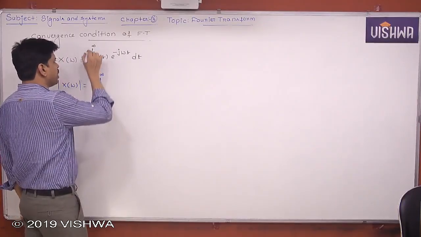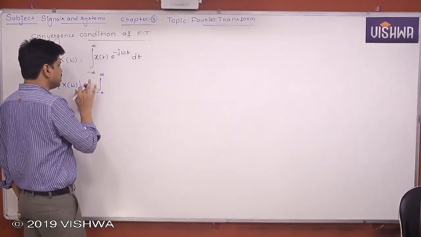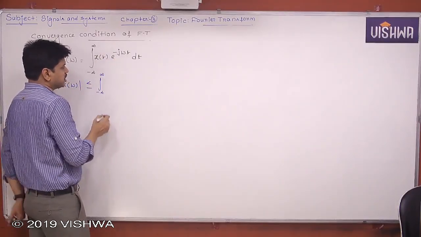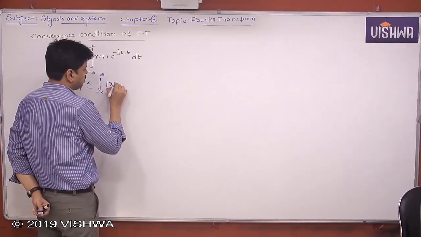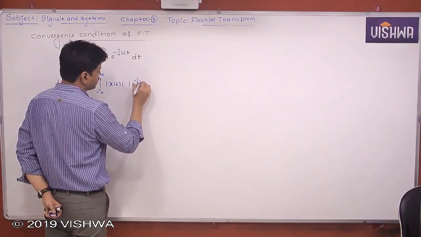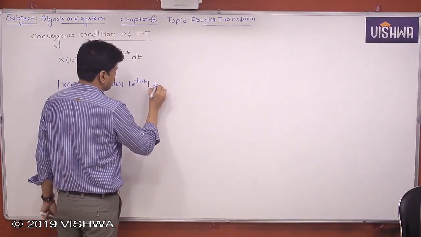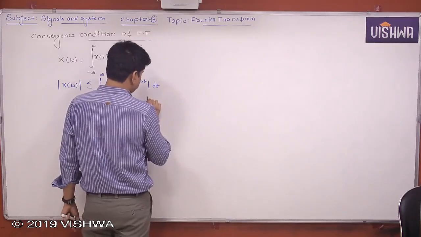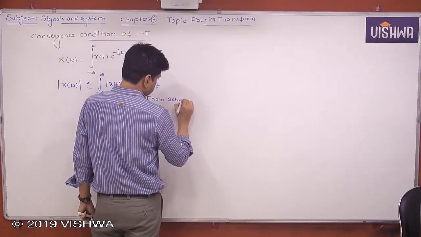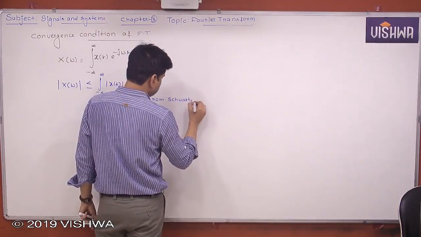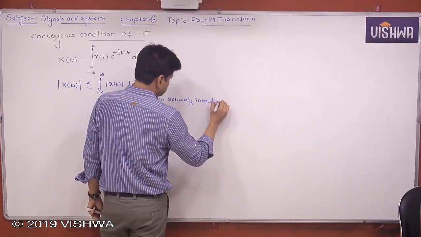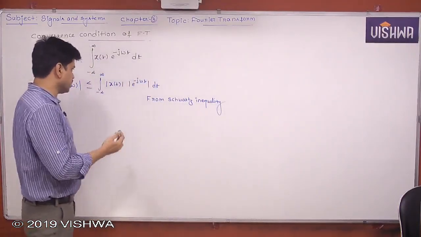If I apply the modulus here, from the triangle inequality it is less than or equal to the integral with the modulus taken inside: mod x of t times mod e power minus j omega t dt. From the triangle inequality we can write like this.